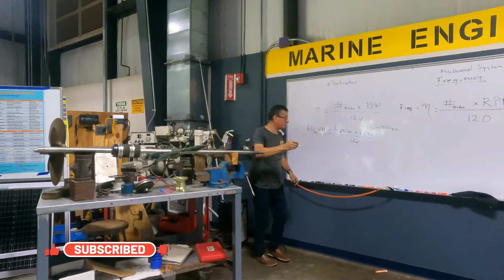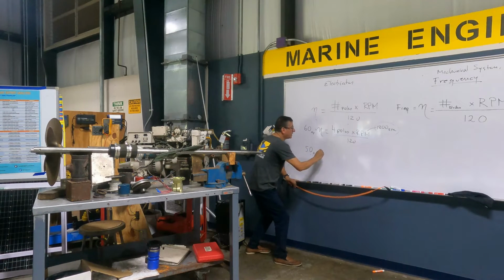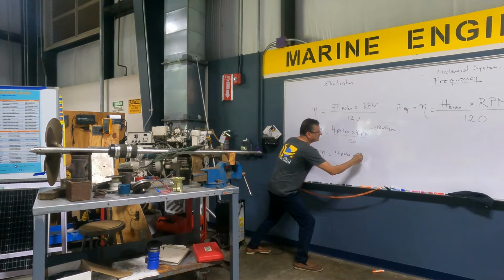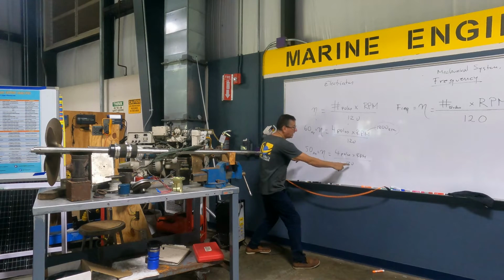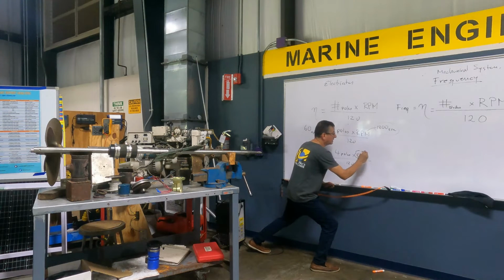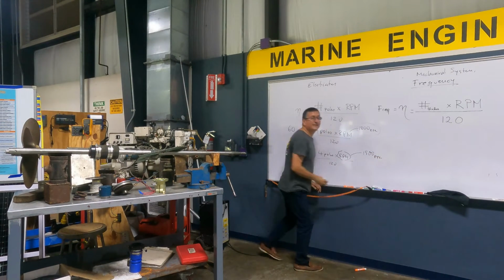For 50 hertz, my friends, what is the frequency? The frequency is 4 poles times the RPMs, divided by 120. How much should the RPMs be to produce 50? 120 times 50 divided by 4. This is 1500. Nice.